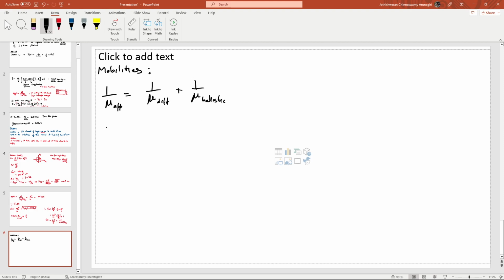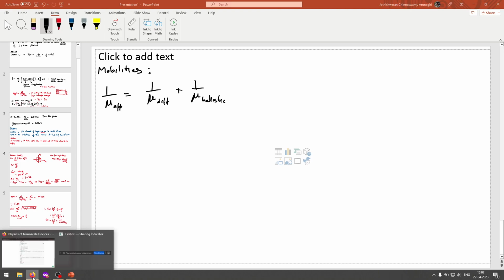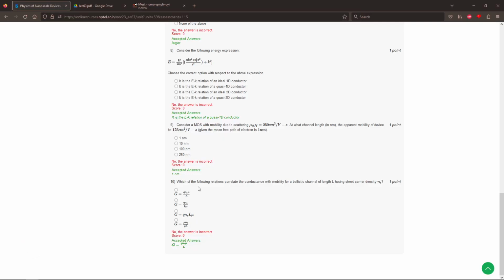So using this, we can solve question 9 of assignment 7. In this case, we have to calculate the diffusive mobility at 1 nanometer. That will come out to be 250, given the mean free path is also 1 nanometer.